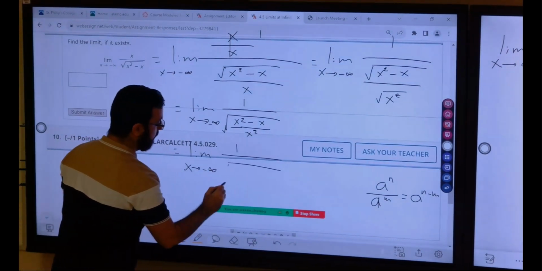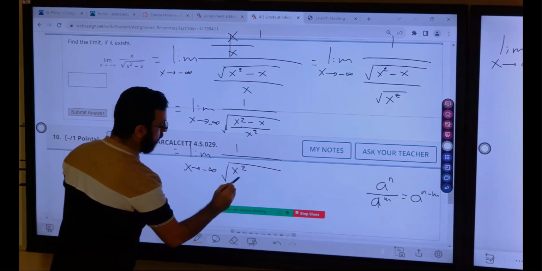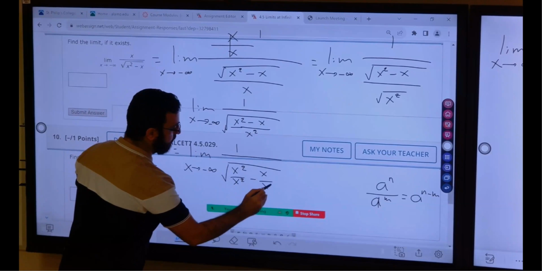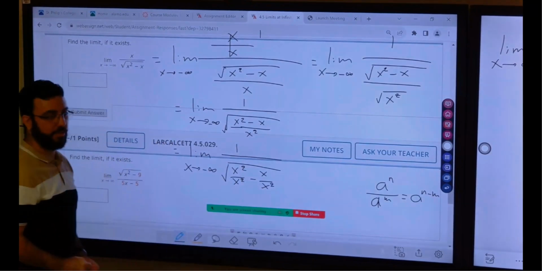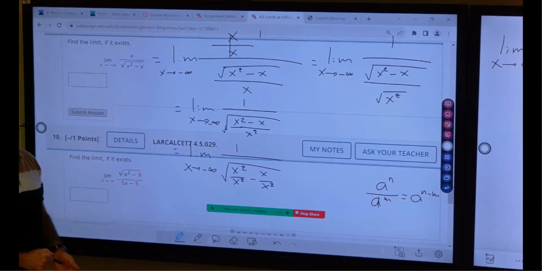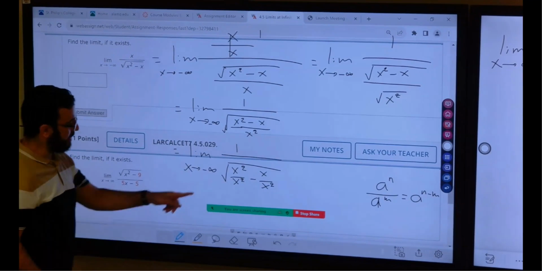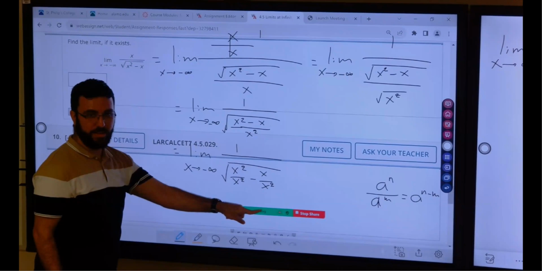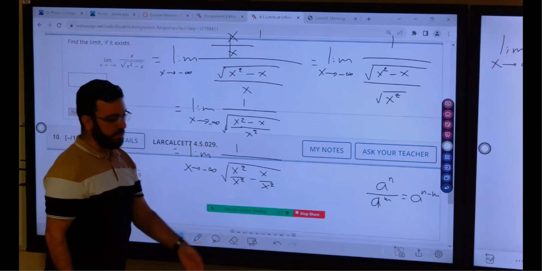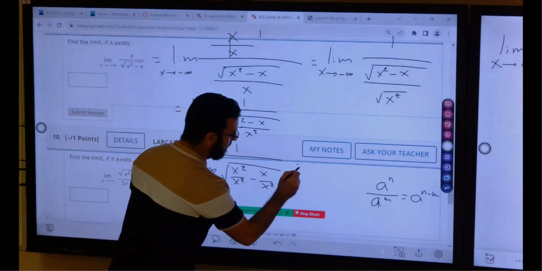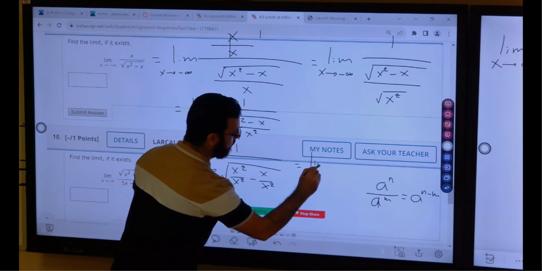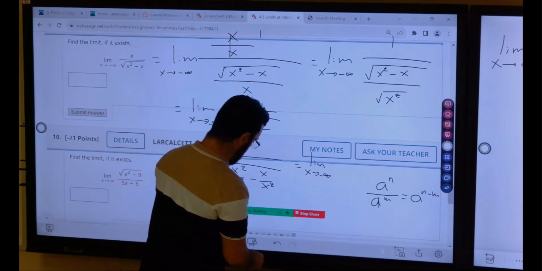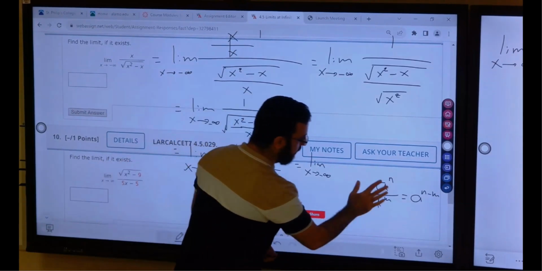Under the root, x squared over x squared minus x over x squared. You see how it's cool? Yes or no? So how much here? 1 minus 1 over x. So everything here is going to be the limit, x negative infinity, here.